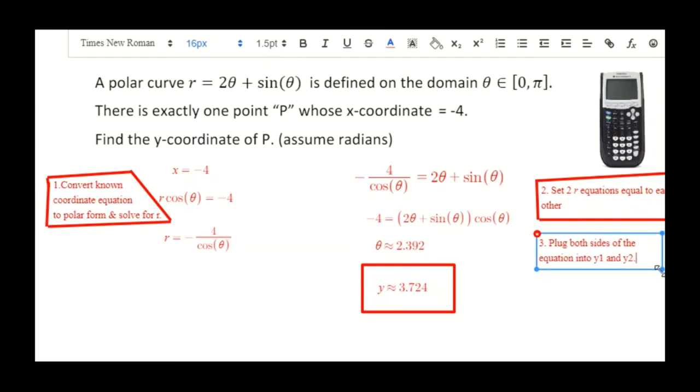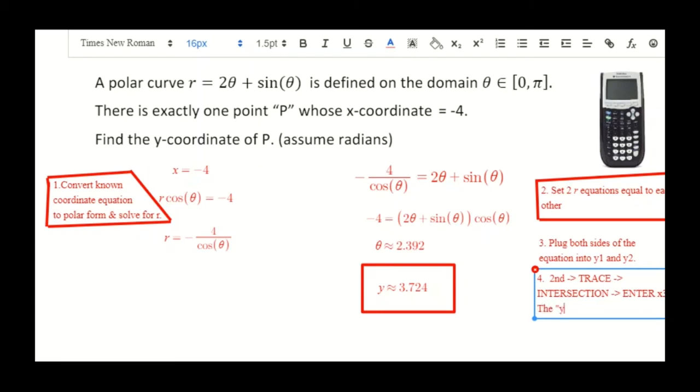All right, so that was what we did, and then to find this theta value, what we did was we did second trace to get to the calc menu, and then we select the intersection function, and then I think I just hit enter, enter, enter. Okay.